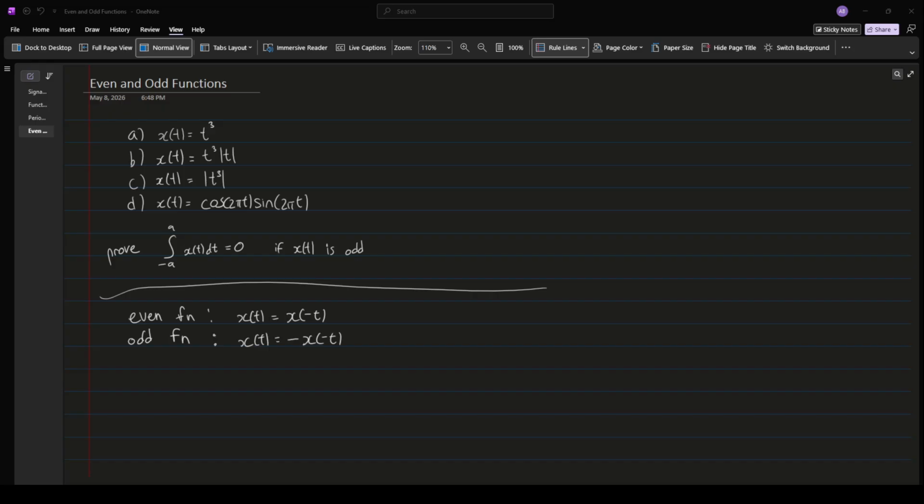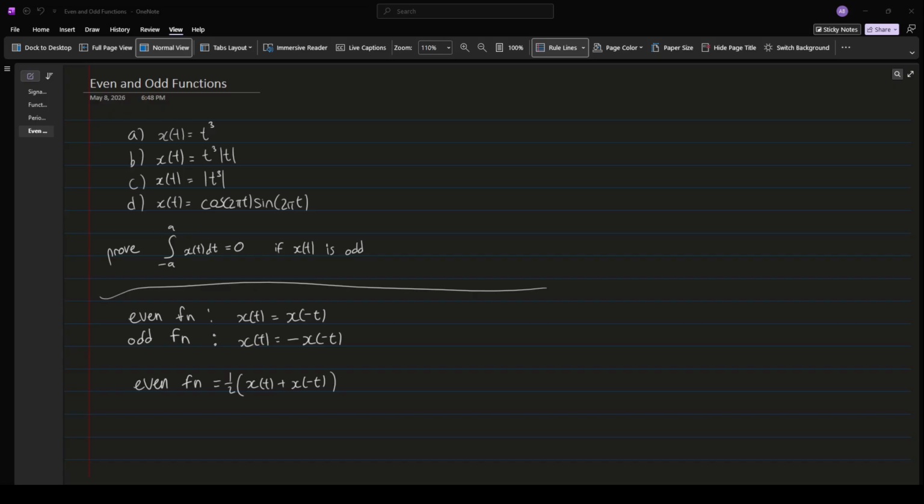Okay? And you also need to know the formula, because sometimes you have questions with proofs like this one, where you have to prove something using this identity that an even function, so for example x of t is equal to x of t plus x of negative t, and you could do all this times 1 over 2.